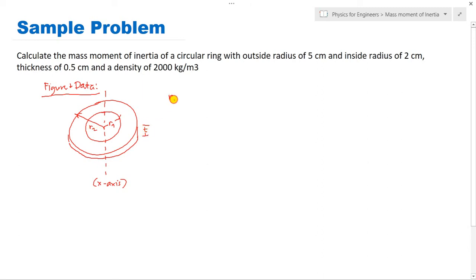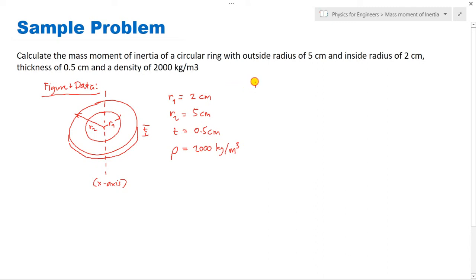So we all know that R1 is the inside radius, that is 2 cm. R2 is equals to 5 cm, which is the outer radius. The thickness is 0.5 cm, and then we are given density is equals to 2000 kg per cubic meter.